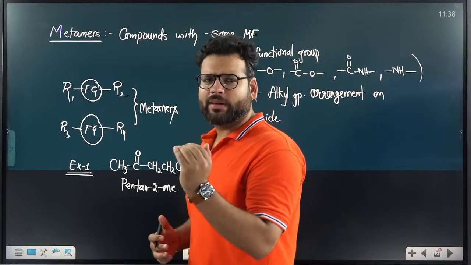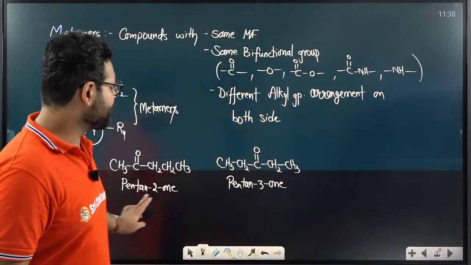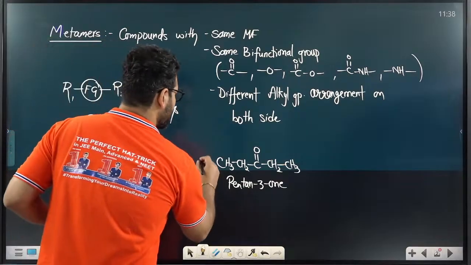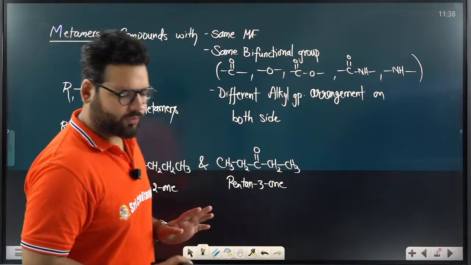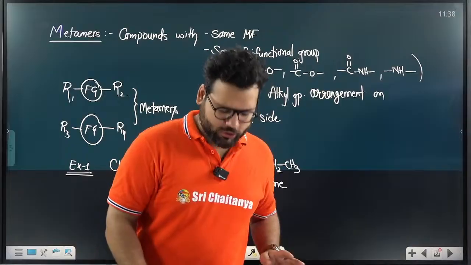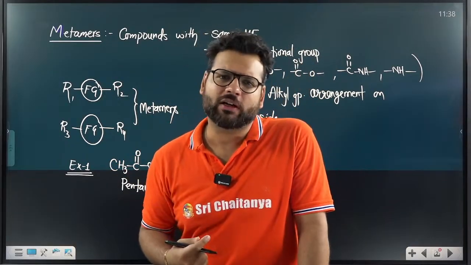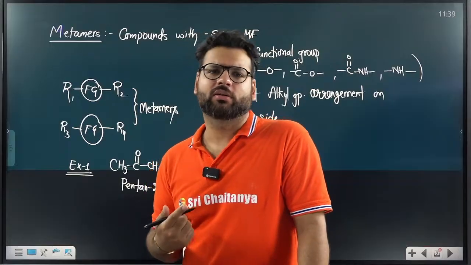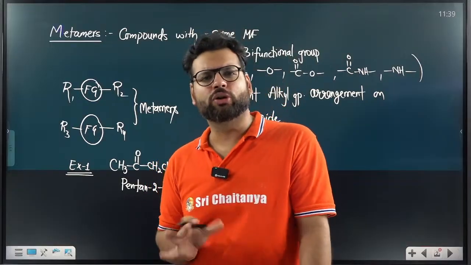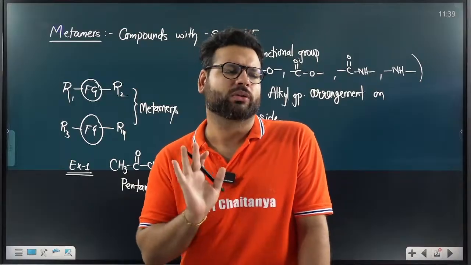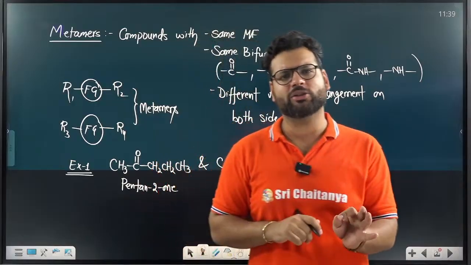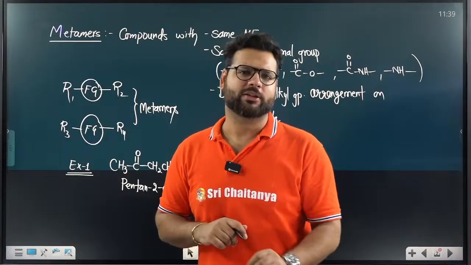Okay, metamers sometimes can be positional isomers as well. They are positional also. So if the question is choose a single option correct, and both options are there, like position, meta, chain, or both position and meta, the answer will be both. It is positional isomerism as well, it is metamerism as well.